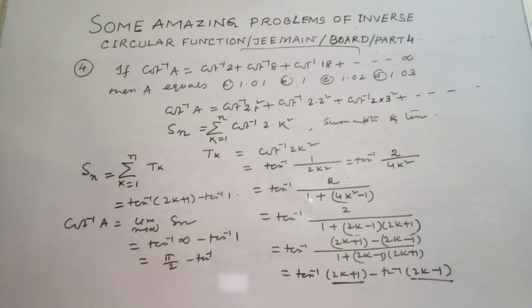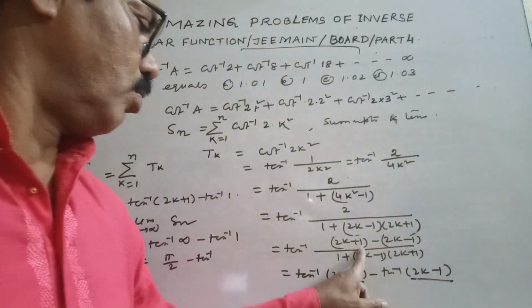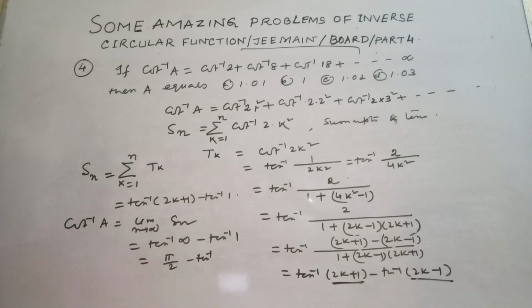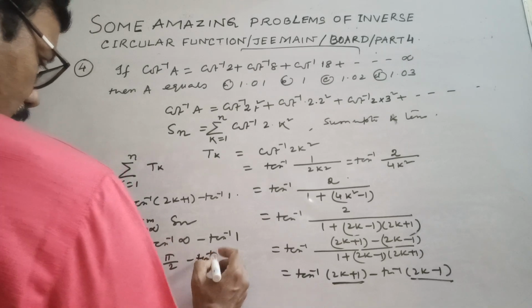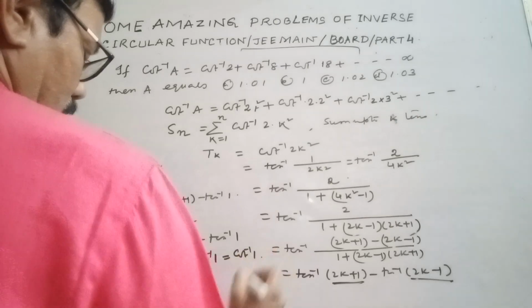Tan inverse (2k minus 1), (2k plus 1). So pi by 2 minus tan inverse 1, that is cot inverse 1.